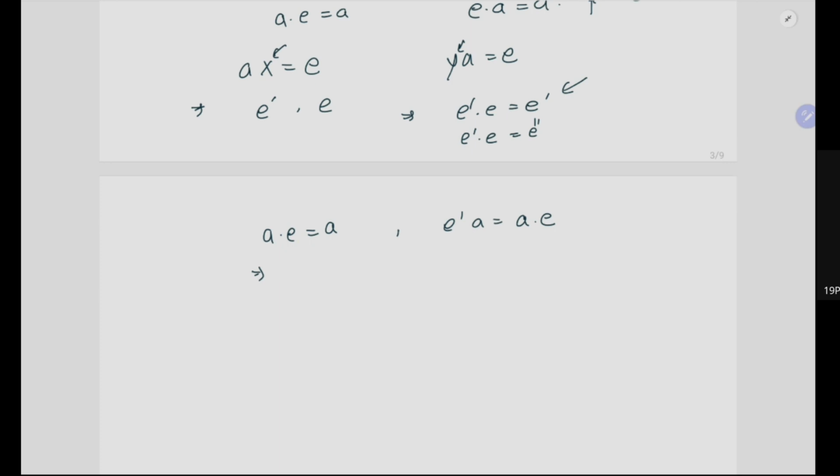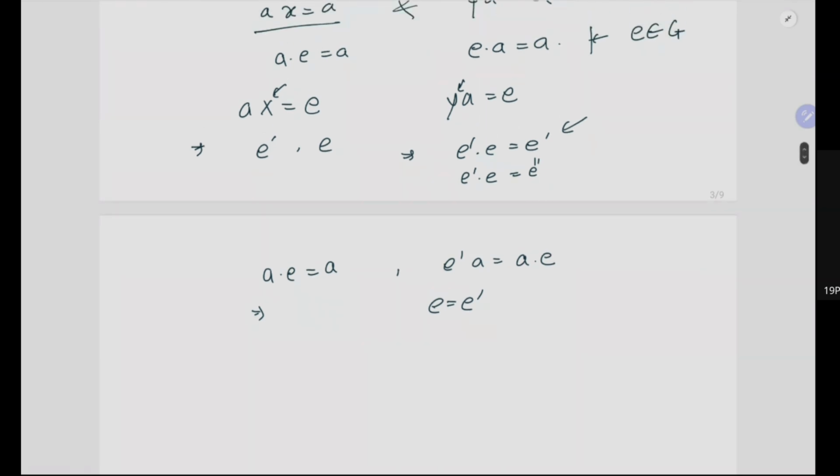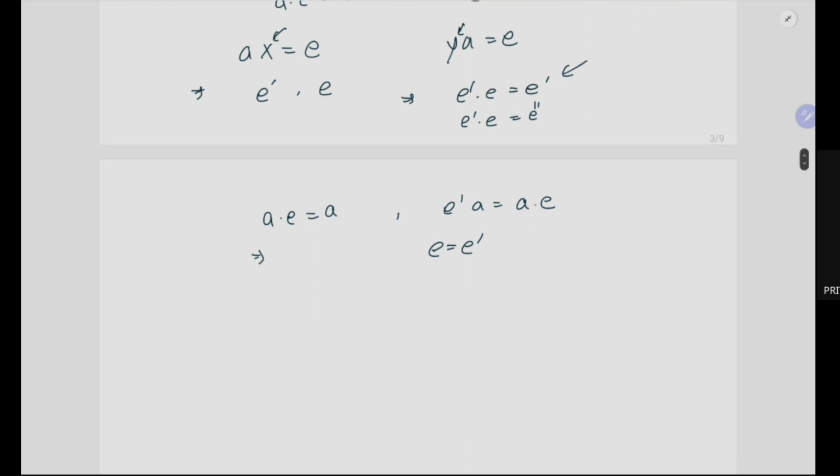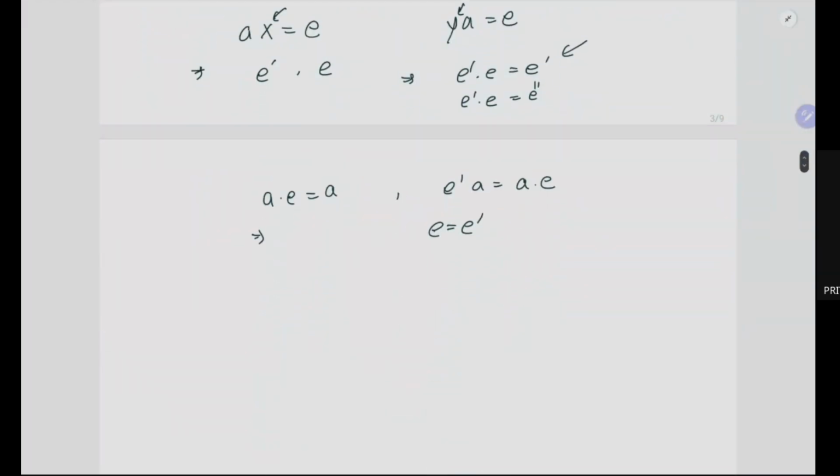But that is not giving us E dash to be equal to E, right? So then you can do one thing: multiply by the left inverse, A inverse, from both sides and then use the associative property. It will give E dash is equal to E.